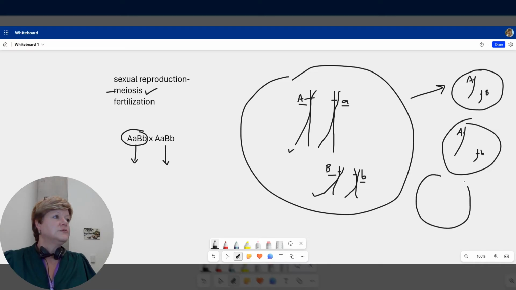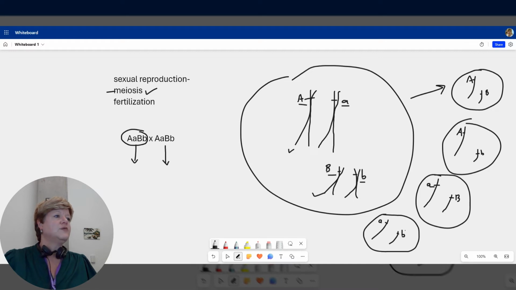And it's also possible to get a cell that gets a little a on the big chromosome and a big B on the little chromosome. And it's also possible, and I'm sorry, I'm running out of space, to get a little a and a little b. So I'm not saying that one meiosis would generate those four gamete types. I'm saying that after thousands of meioses, you would have approximately equal amounts of these gamete types.